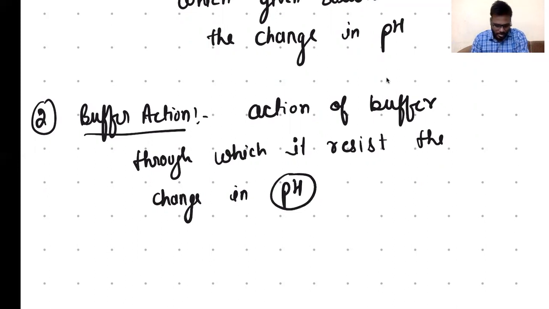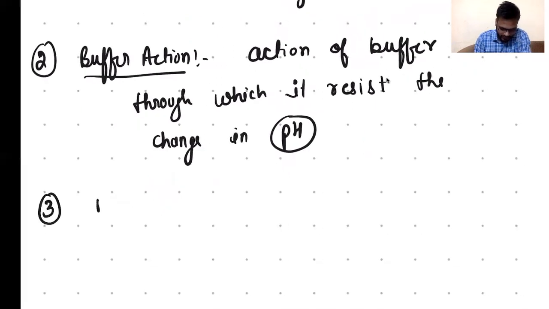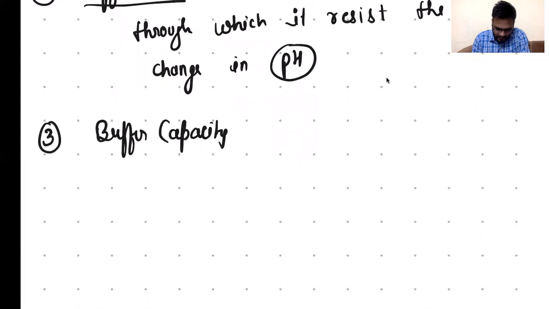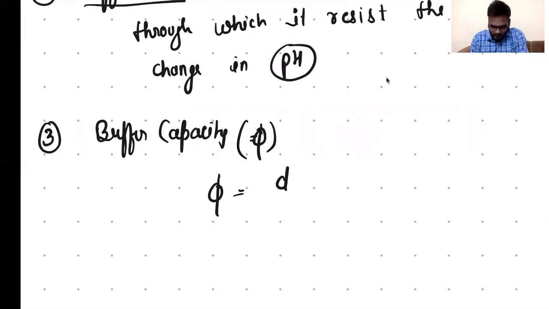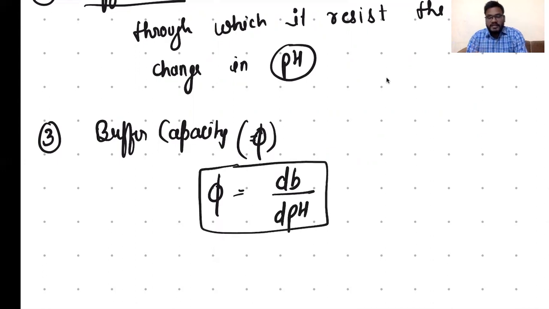Third one is buffer capacity. Very important term. What is buffer capacity? It is denoted by phi, and it can be represented in a numerical formula like this: dB upon dpH. Change in pH on addition of moles of acid or base.